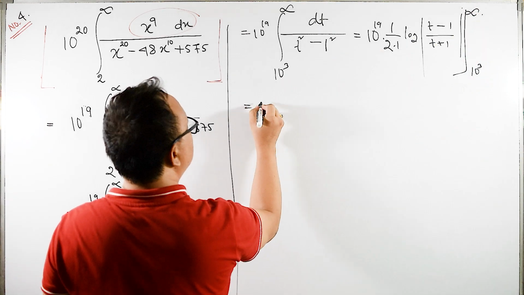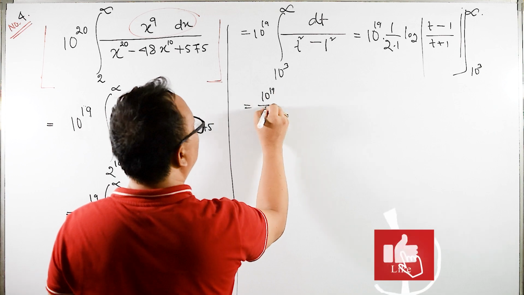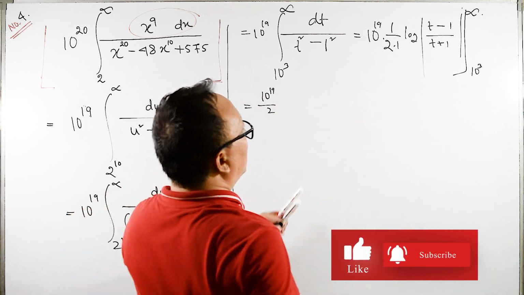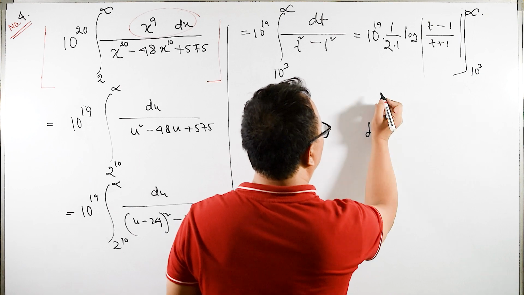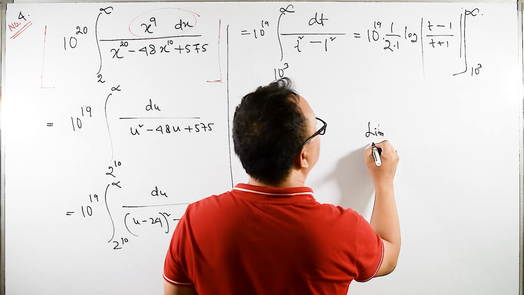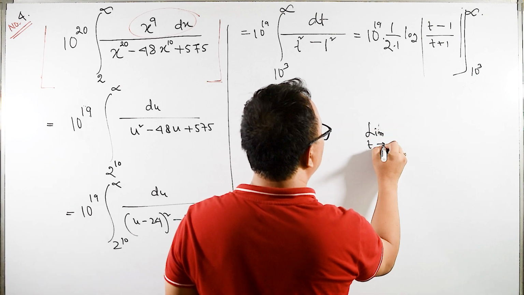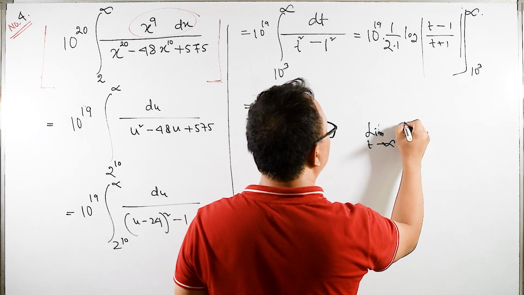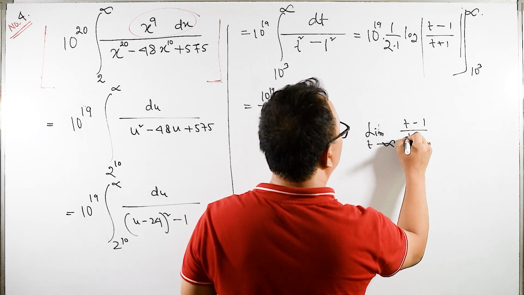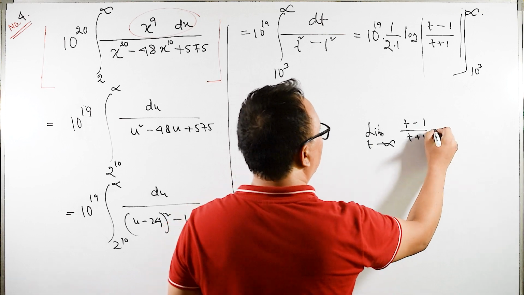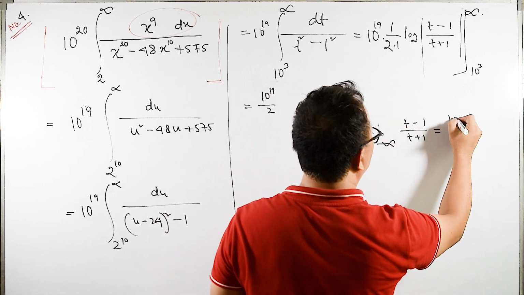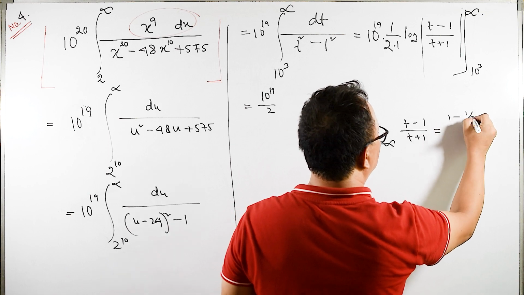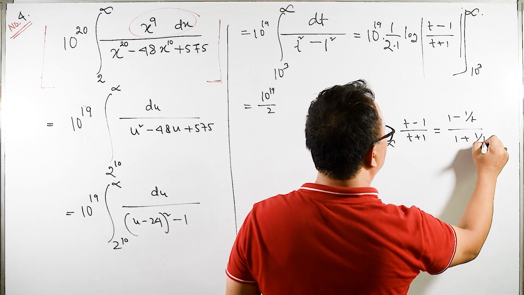Here this is the same as 10 raised to 19 upon 2. Now the upper limit. We have infinity over here. The limit as t tends to infinity of (t minus 1) upon (t plus 1): let's see what the value is. If I divide numerator and denominator by t, it is (1 minus 1 by t) upon (1 plus 1 by t).